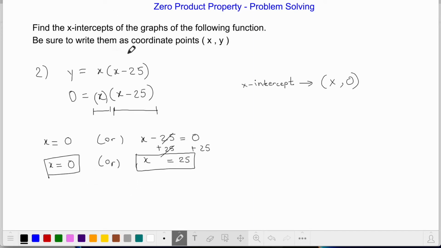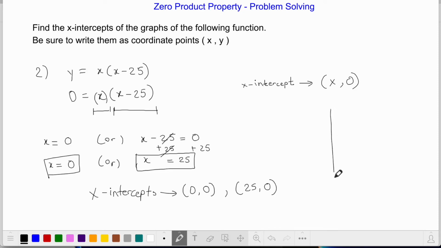Now we're going to write them as coordinate points, and at x-intercepts, y is always 0. So the coordinates of the x-intercepts are 0, 0. That's the first point. And the second point is 25, 0.